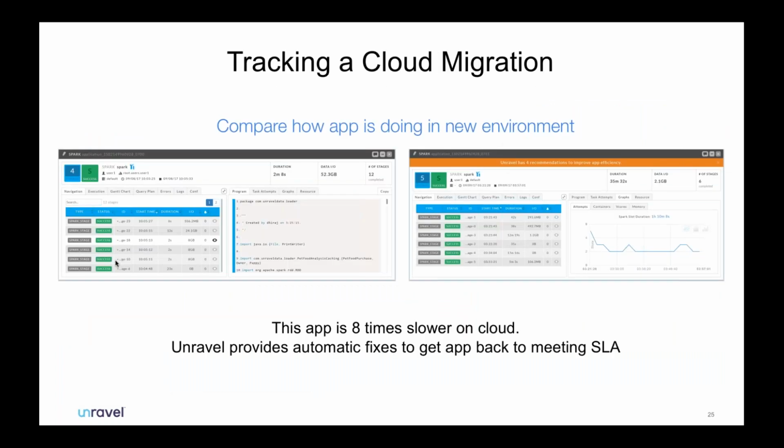Okay, the next thing is you actually want to track your cloud migration. In the on-prem world, if your application was passing, we knew exactly how much time that was taking and what amount of resources. We want to make sure that by moving to the cloud, we're still meeting our SLA. And so we have a view where we can compare the same application in multiple environments and ensure that's actually working fine.